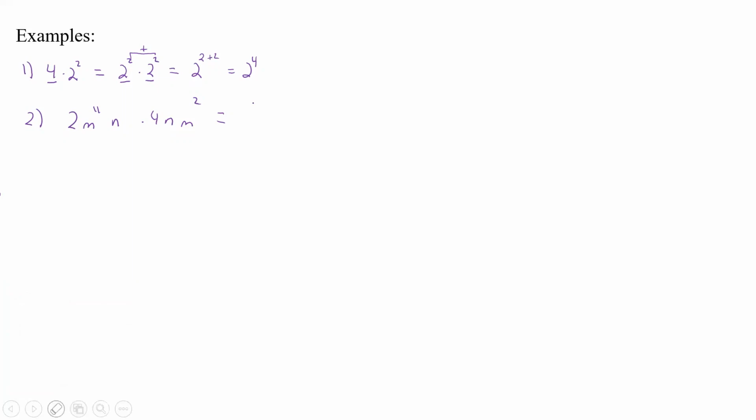All right, so let's look at numbers first. We have a 2 and we have a 4. Well, that's really just going to be a 2 times, and if we rewrite that like we did up here, that's going to be a 2 squared.